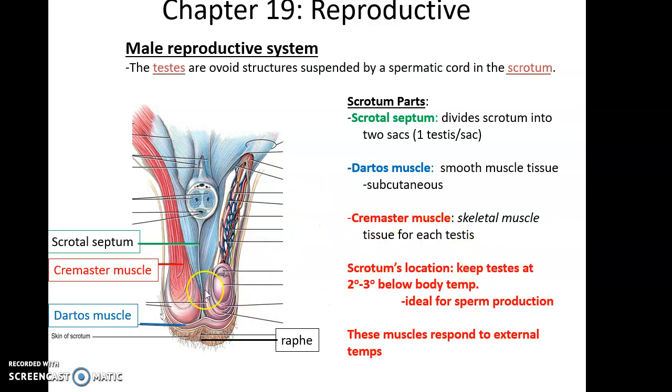So the testes are located dangling off the trunk of the body in a vulnerable location to keep the testes 2 to 3 degrees below body temperature, which is the ideal temperature for sperm production. And so these muscles will contract or relax depending on the external temperature surrounding the scrotum and the testes.